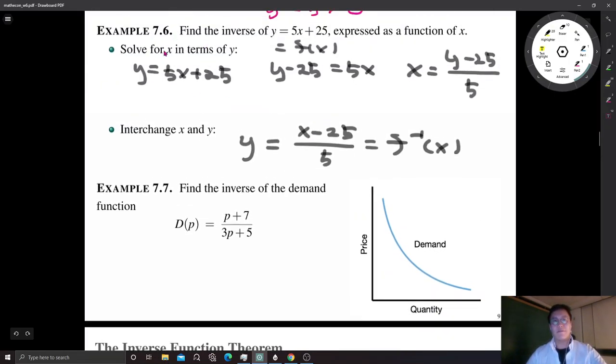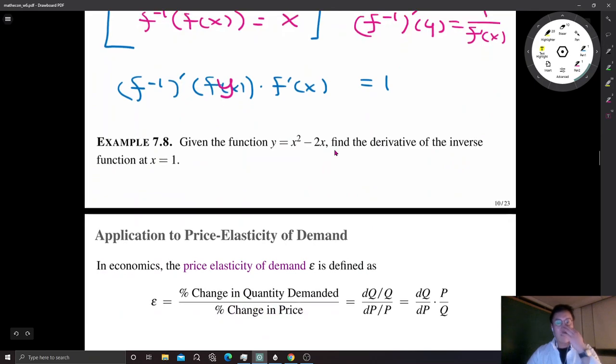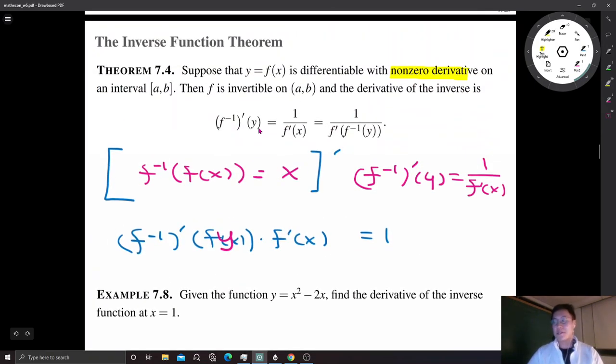So first solving for x in terms of y and interchange x and y to find the explicit form of the inverse, okay? And then take the derivative. Okay? But the inverse function theorem tells us a leeway. There is a much easier way to find the derivative of the inverse.